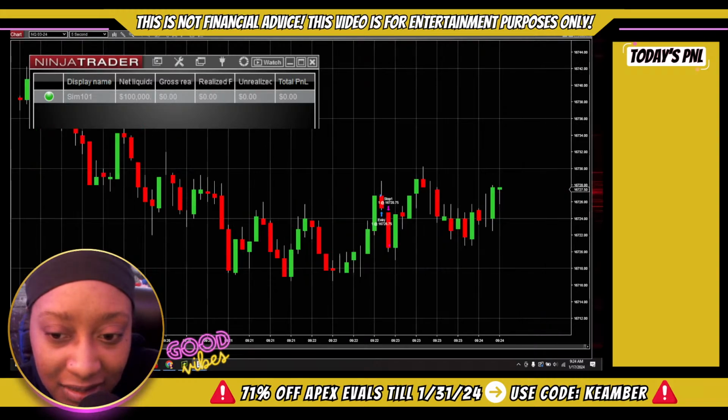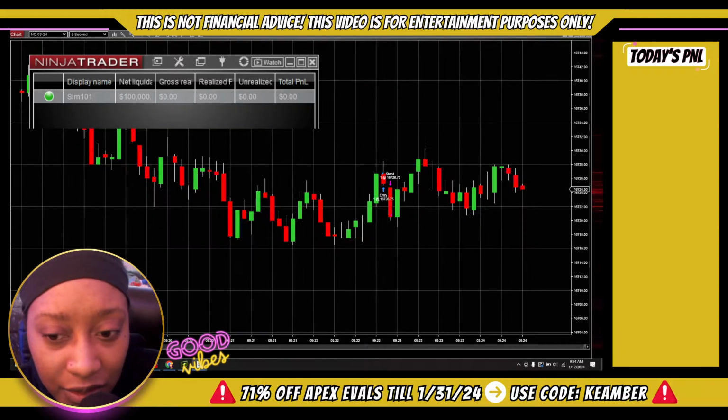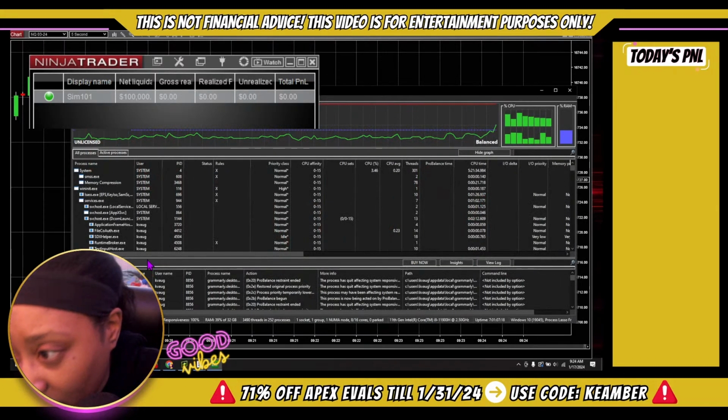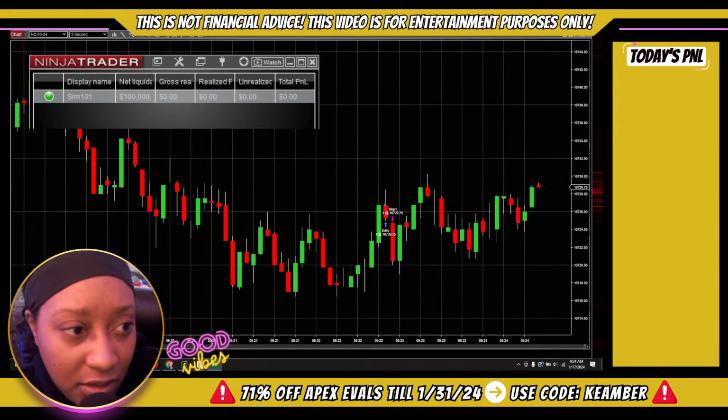However, it's kind of laggy. I kind of think that part of my lag is this indicator that I'm using, but I really want to use it. So, let me look. Oh wait, that could be my issue too. Let me see, how much of my processor am I using?